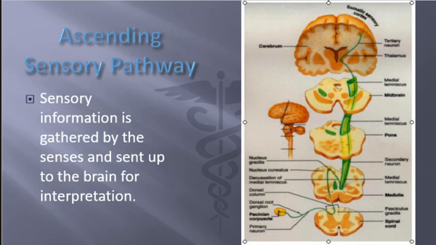That's the ascending sensory pathway. So if you call it descending motor pathway and ascending sensory pathway, you're going to remember that. It's not that hard, though. It makes sense. The brain tells the muscle to move, so it's going from the brain to the muscle. That's descending. The sense gives information for the brain to interpret, and therefore it's going to ascend.